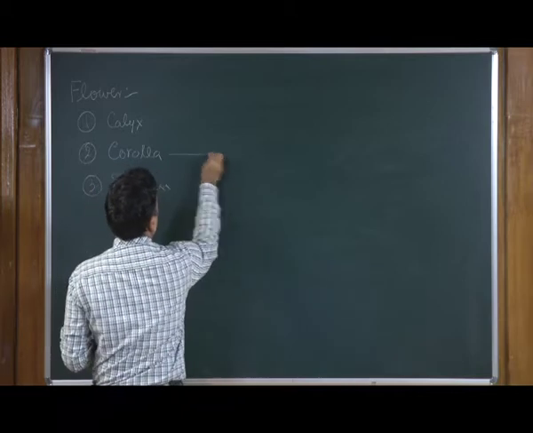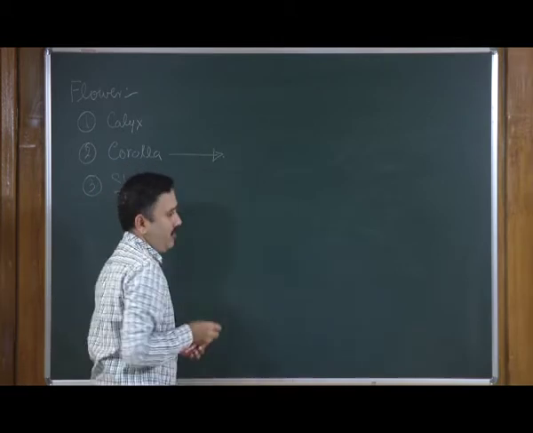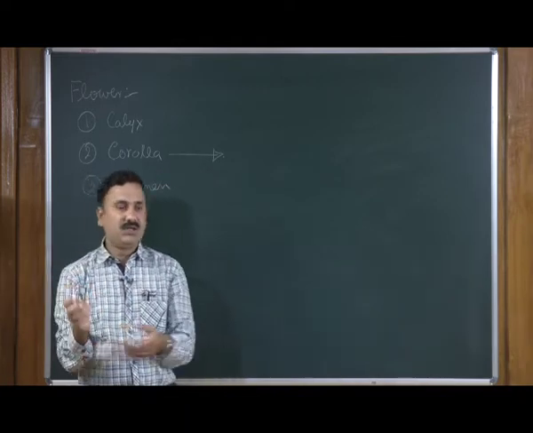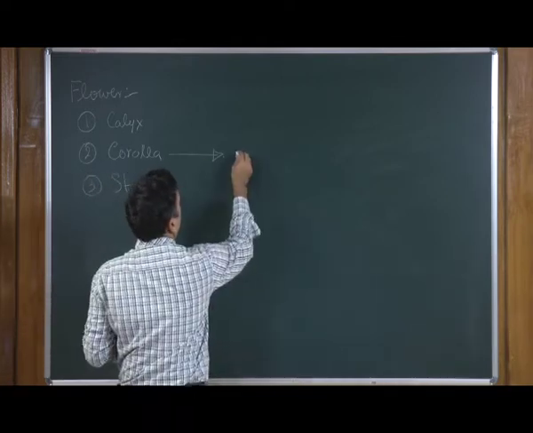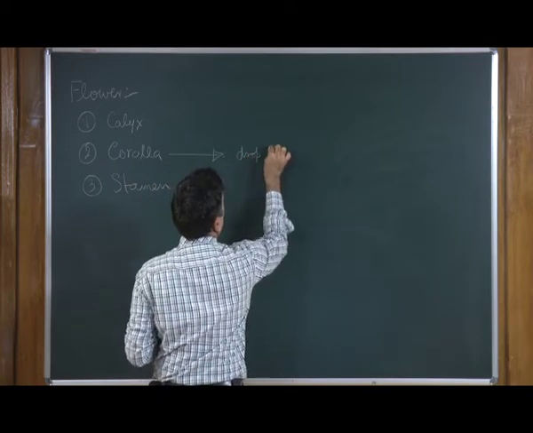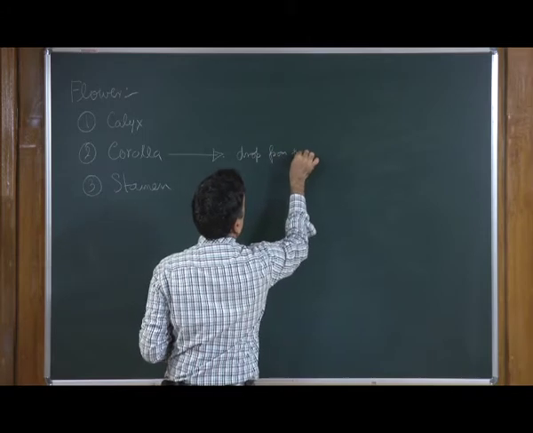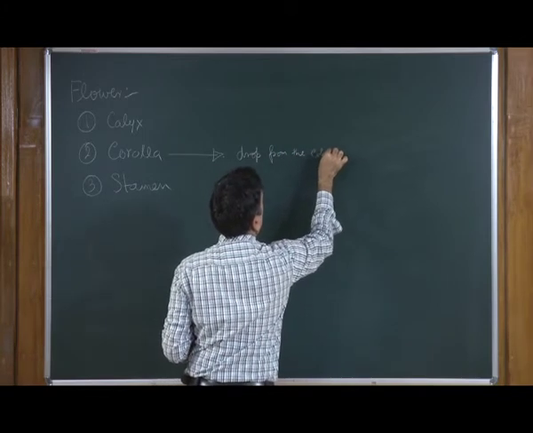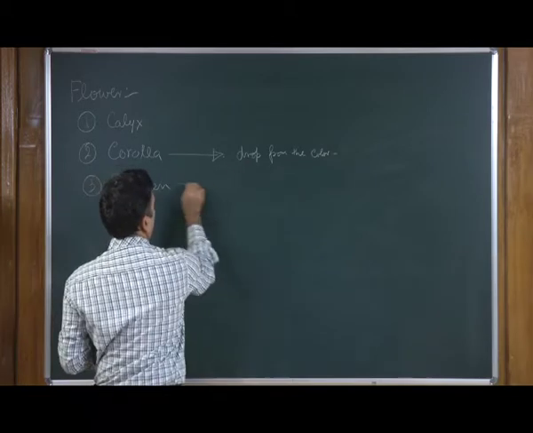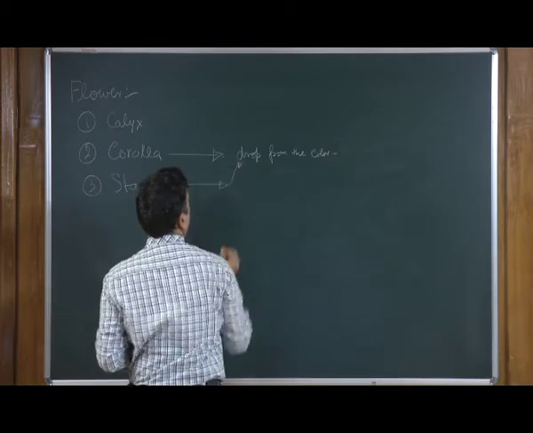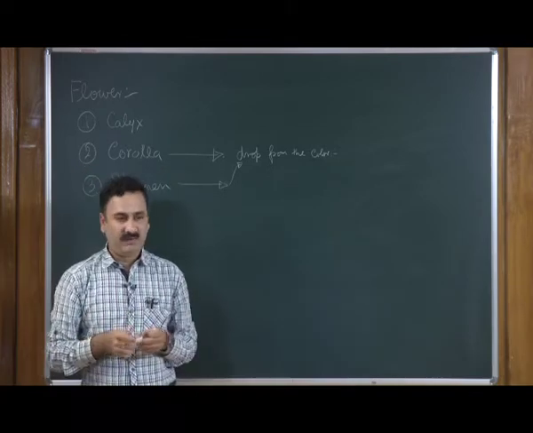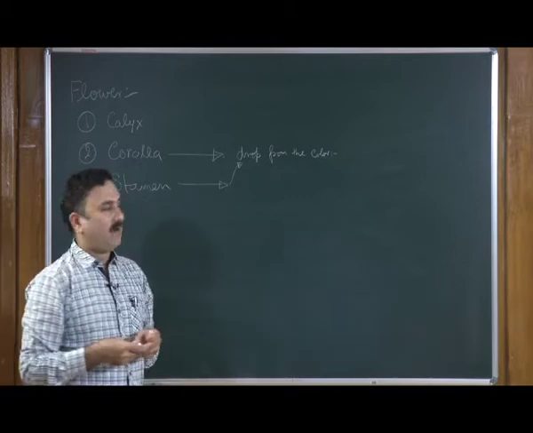The corolla is only required for attracting the insects and facilitating the process of pollination. So, as soon as the fertilization happens, it drops from the flower, which means it gets completely dried up and there is no corolla present. The stamen also goes through similar aging and dehydration, and it falls from the developing flower.